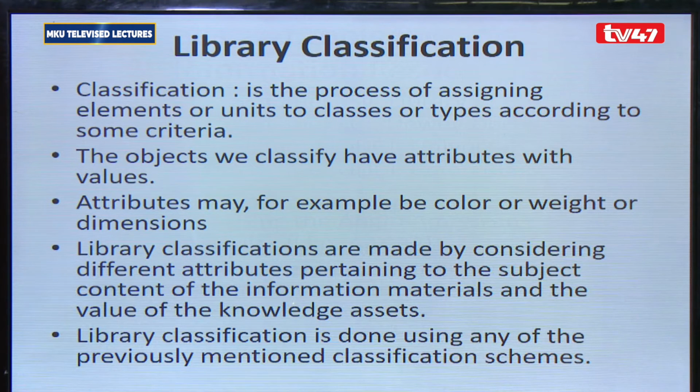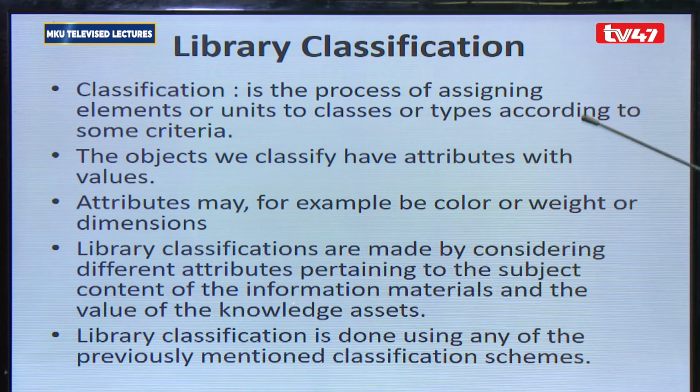Library classification. I'll talk about classification a little bit because it is the one that precedes cataloging. So, library classification is the process of assigning elements or units to classes, subject classes, or types according to some criteria. The objects we classify have attributes with values.